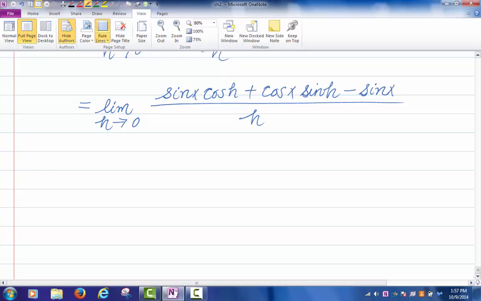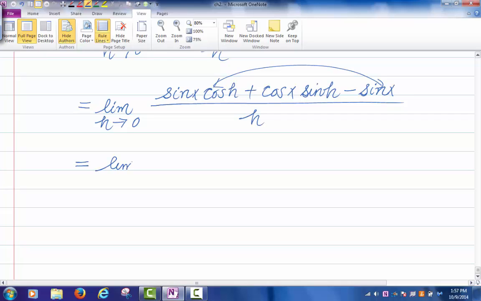We will break it up in a second, but before I break it up, in the numerator, we have to do some algebra. If you look at these 2 terms here, you see that sine of x is a common factor, and what you have to do is factor that out.